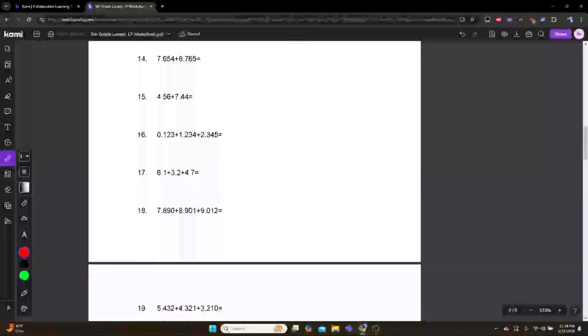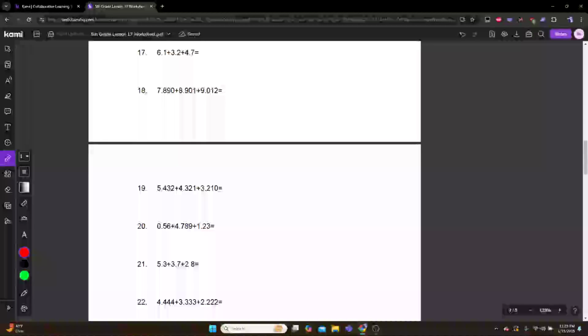And we could try number 20. So 0.56 plus, make sure to line up the decimal points, 4.789 plus 1.23. So we add up all of these. So we get 9 here. 6 plus 8 plus 3. So 6 plus 8 is 14, and plus 3 is 17. So 7 down there, add up the 1.